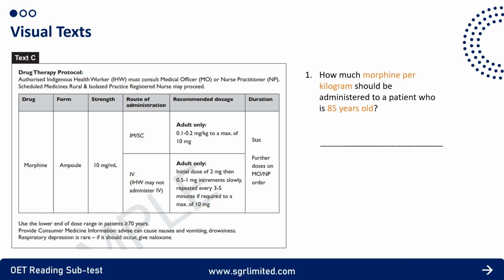Our answer is therefore 0.1 milligram per kilogram, but as kilogram is already in the question, it is now optional. So our answer will only be milligrams. And that means that 0.1 being the lower end of the dose will be our final answer. 0.1 milligrams because the word kilogram is already in your question.